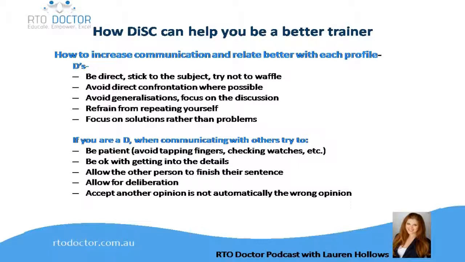For you D's and I's out there, that will be incredibly difficult. I speak as somebody who has a lot of high I in them. Allow for deliberation. Give the other person opportunities to provide their opinion, and accept that just because it's another opinion that is not yours, it's not automatically the wrong opinion.